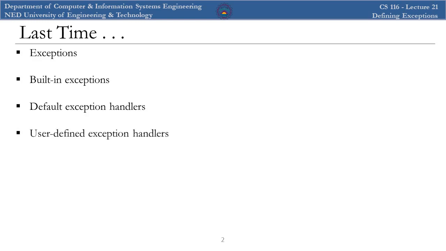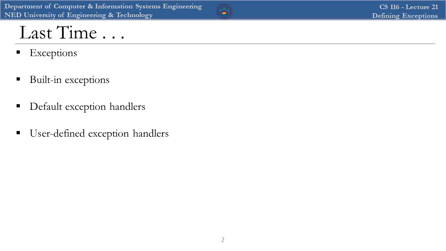In last lecture, we were discussing exceptions. We saw what exceptions are, and we also learned that there is a variety of built-in exceptions available in Python, and we can use these built-in exceptions to provide default exception handlers. And if we want to handle these exceptions by ourselves, we can provide user-defined exception handlers as well.